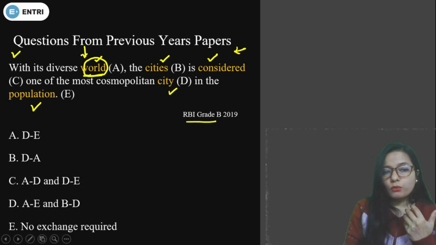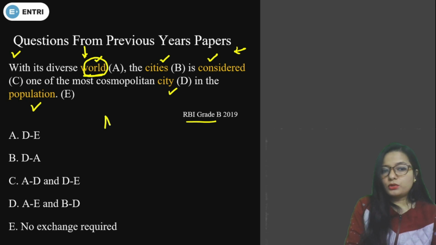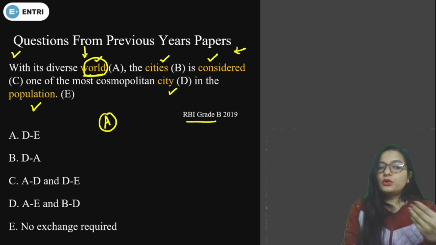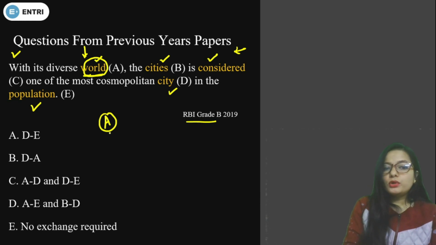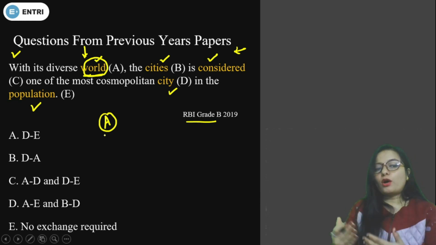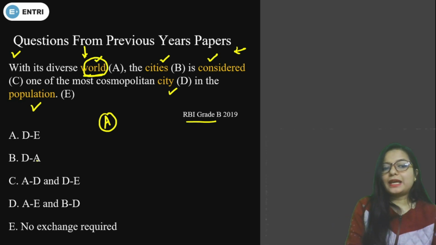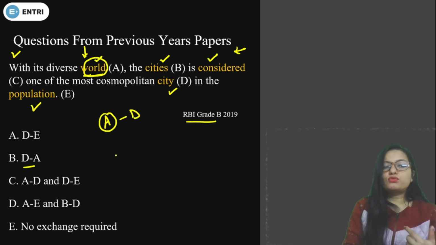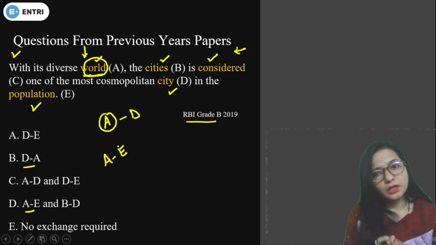So what we need to do, we know that there is some kind of problem with A. Now have a look at the options. When you want to swap A with any other option, you will see the options A and D. That means you can swap A with D. Also you can swap A with E. You have 2 options given here, right?